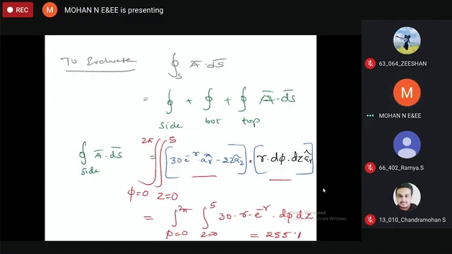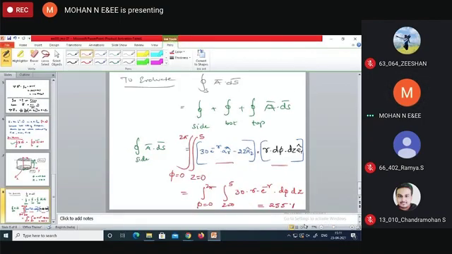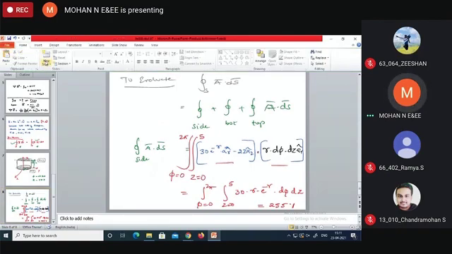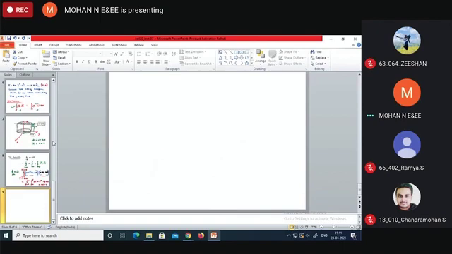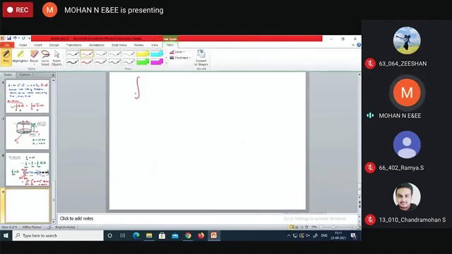Next, let us find the divergence along the top surface. It is A vector into ds vector. Take the A vector and the ds vector.